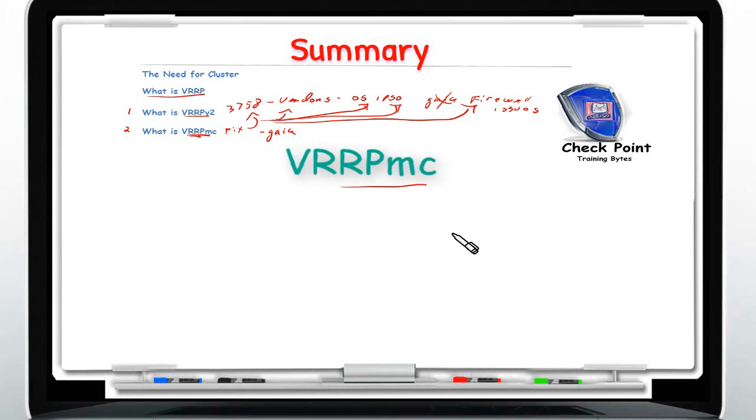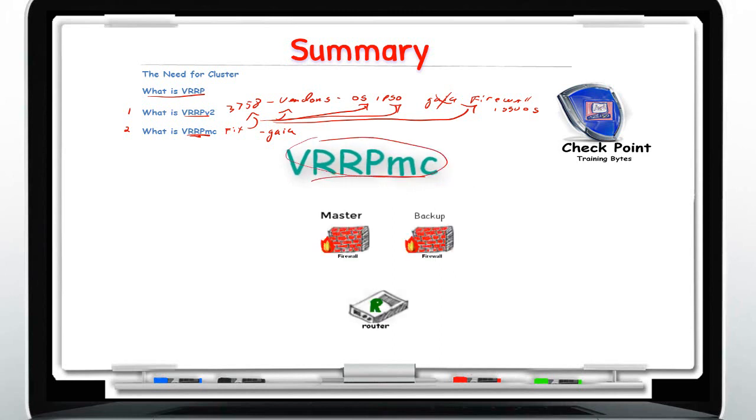And so then we talked about VRRP monitored circuits, and you can have 2 or more machines in the cluster, and each of the machines are going to have their own IP addresses and MAC addresses, but in addition, you're going to have a virtual IP and a virtual MAC address, and whoever is the master is going to own these virtual IPs and virtual MAC addresses. And so then all the internal hosts are going to have the default gateway as this virtual IP address and also have the virtual MAC address.